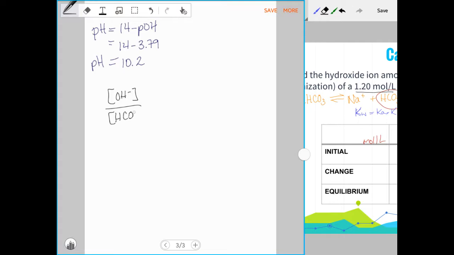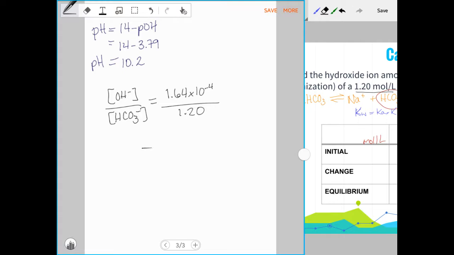And our initial base was this guy, our hydrogen carbonate. So when we look at our hydroxide ion concentration, of course we're going to multiply this by 100 to get a percentage, but we have 1.64 times 10 to the negative 4 as our hydroxide ion concentration over our initial concentration of 1.20.